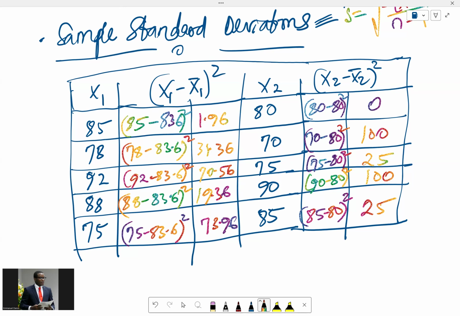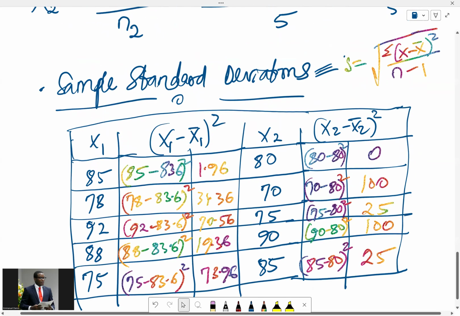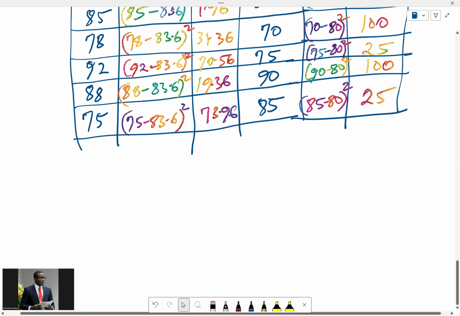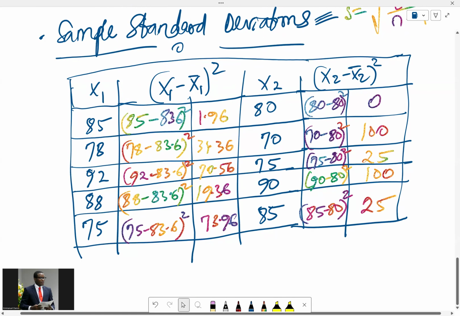So the next thing is, of course, we know that we need the summations. For instance, we need the summation of x1 minus x1 bar all squared. That is, sum up all this together.